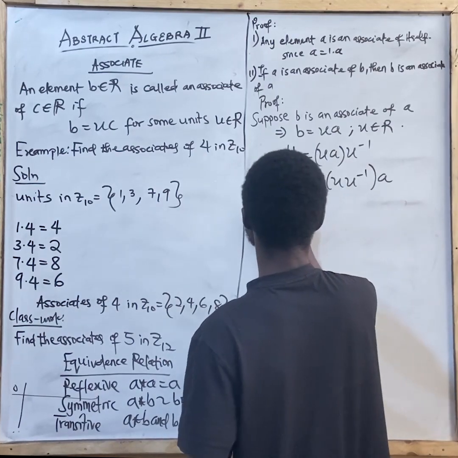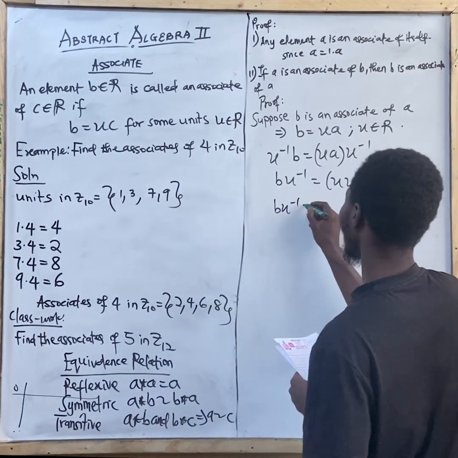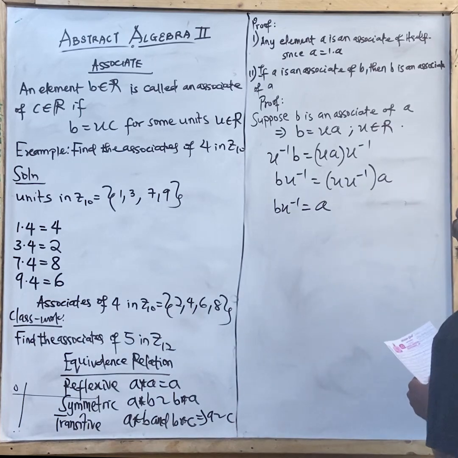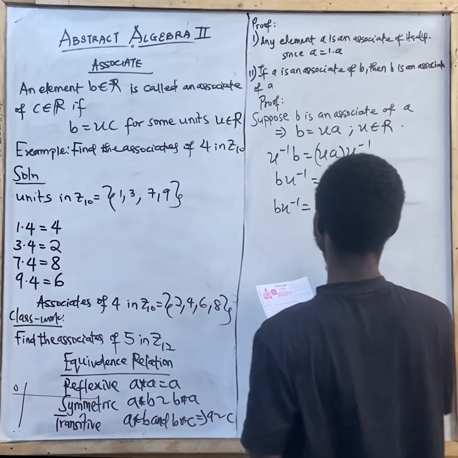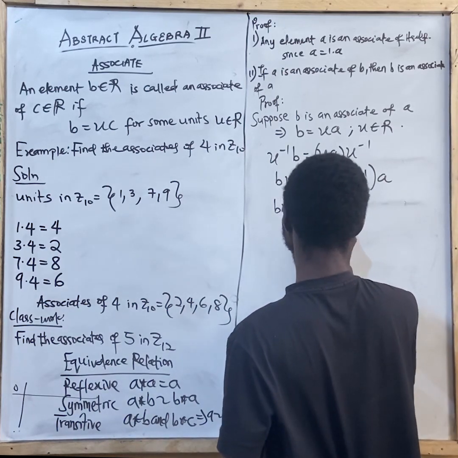That will be 1 times A. So you have U inverse B equals A. So this implies that A equals U inverse B.